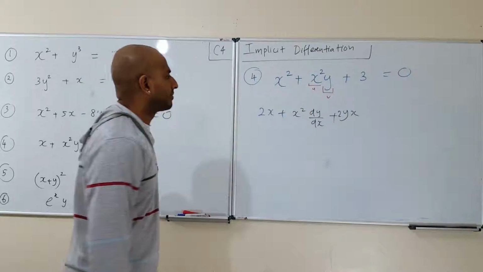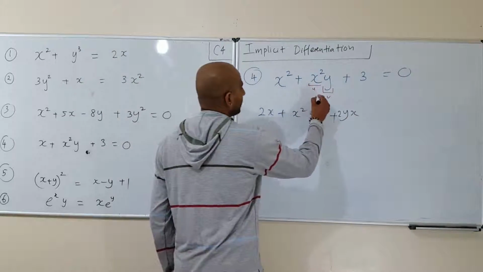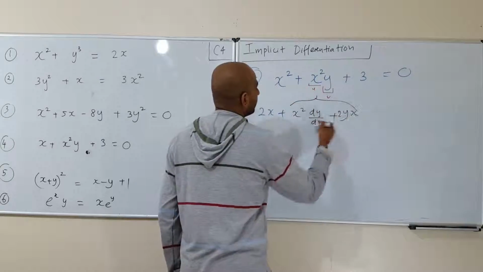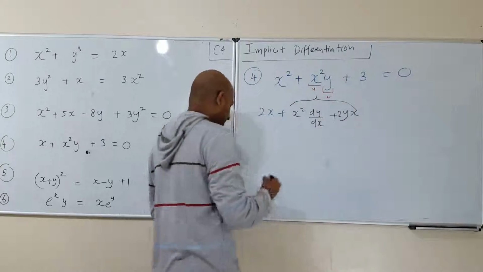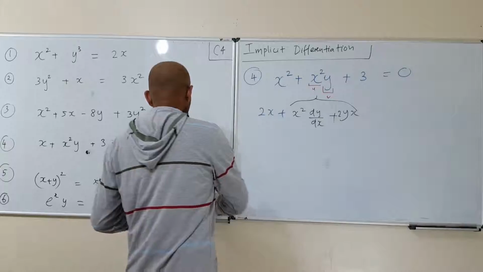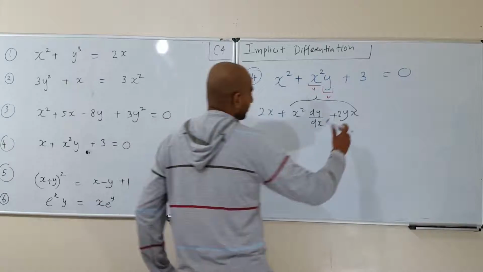Okay, I think it's clear. That's basically that bit. The rest becomes 0. The differential of 3 is a constant, it becomes 0.